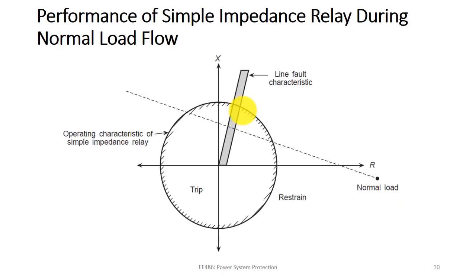Now let us see the performance of this impedance relay under different conditions. How does the impedance relay perform during normal load condition? Under normal load condition, the operating point lies here in the fourth quadrant. Generally we know that in the transmission line, because of the Ferranti effect, the line becomes capacitive because of the charging current.